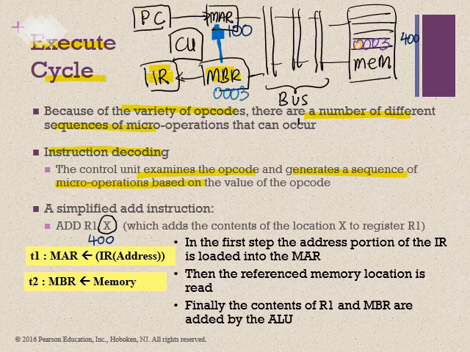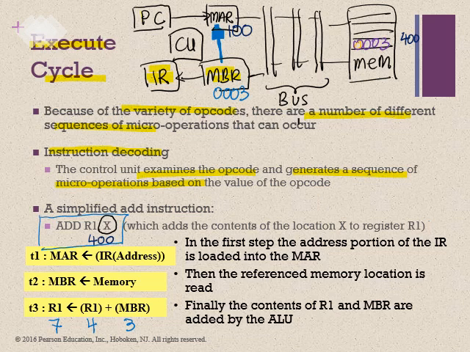That is step 2. In step 3, finally, the content of R1: you take 003 and add it with R1. Let's say inside R1 there's already 4, and then you save the result 7 in R1. So these are the micro operations for this kind of add.